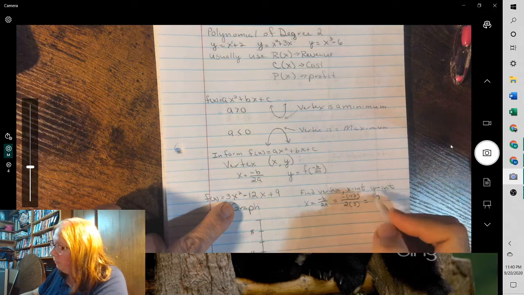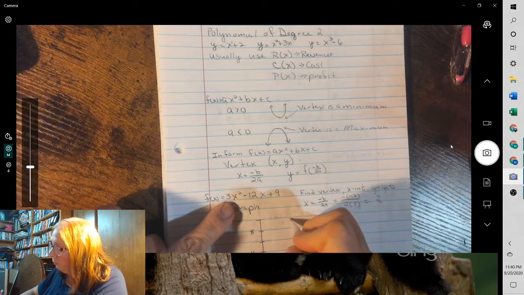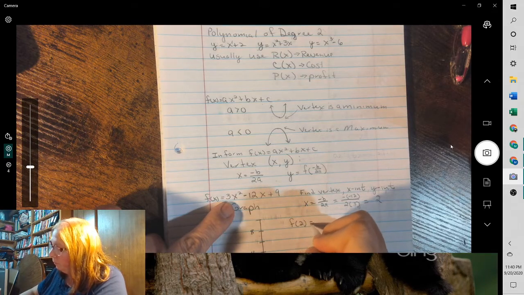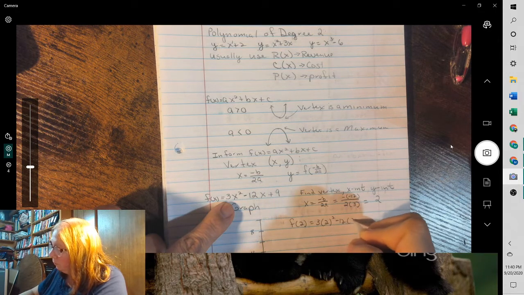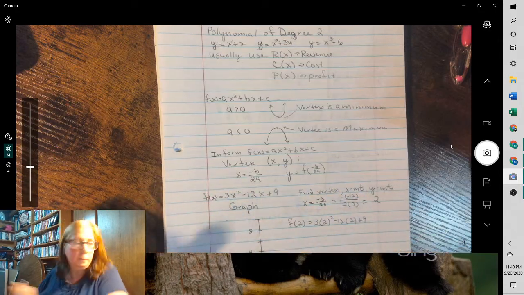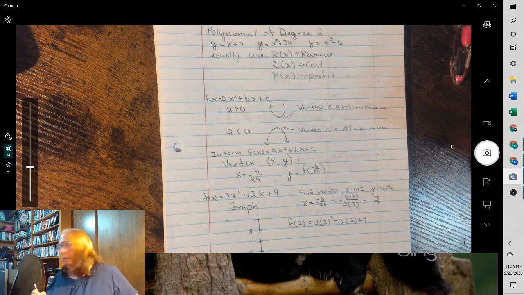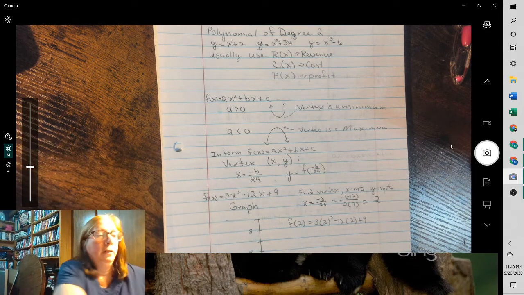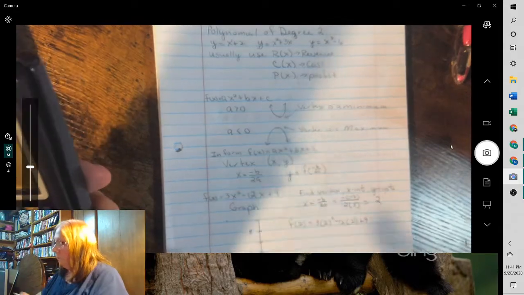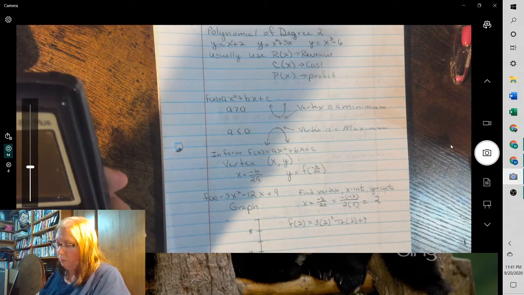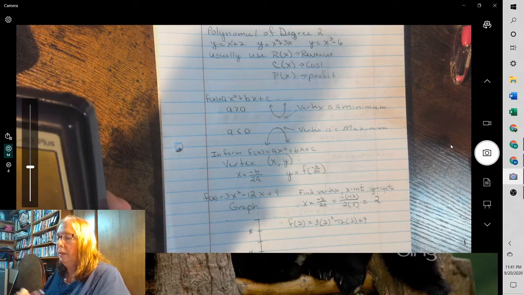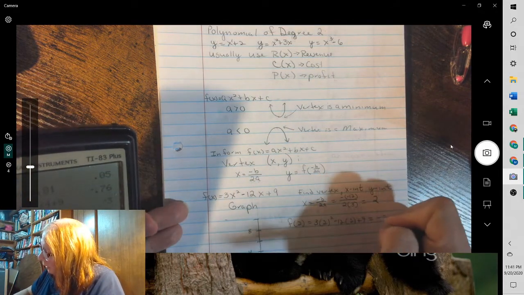To find the y value, you plug it back into the equation. And if we plug that into our calculator, 3 times 4 minus 24 plus 9, we get negative 3.